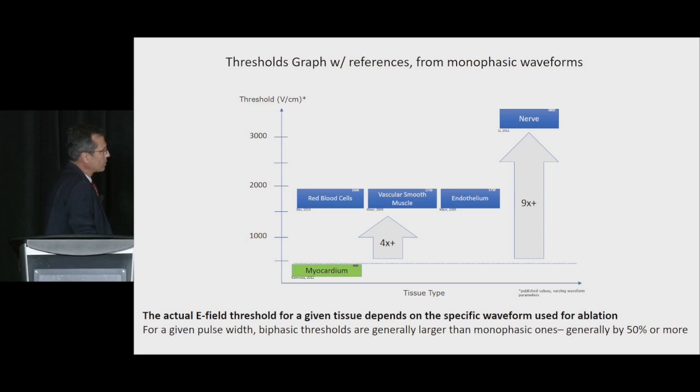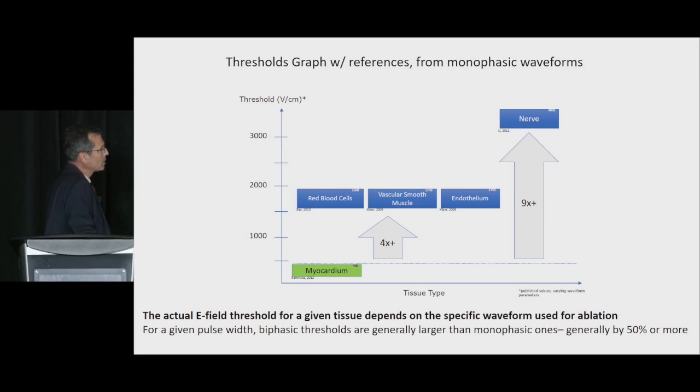So it's important to remember, though, that the actual electric field threshold for a given tissue depends on the specific waveform used. And so it's not just about the voltage or the duration. The voltage is certainly the major predictor, but there are other aspects here that matter much.